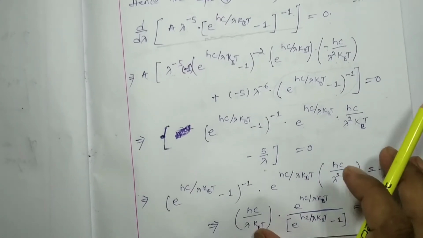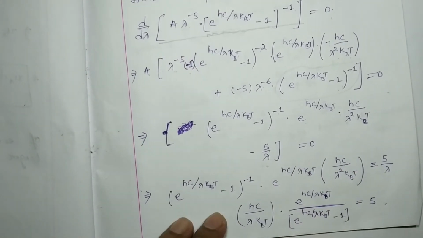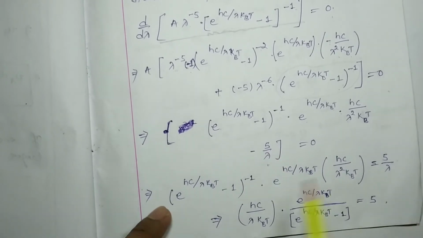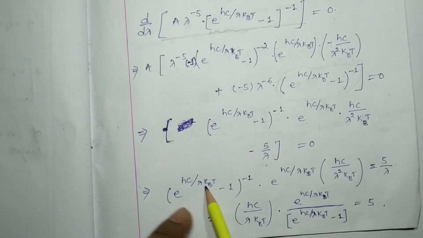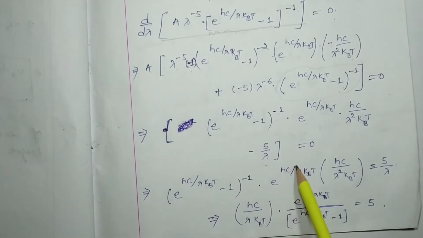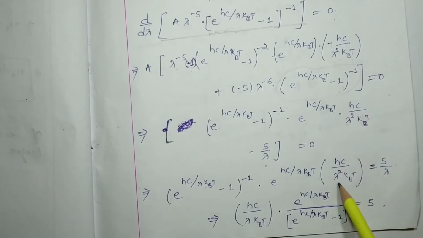Okay, so now taking this term to the right hand side, we can write e to the power hc by lambda kBT minus 1 to the power minus 1 into e to the power hc by lambda kBT into this term hc by lambda square kBT equal to 5 by lambda.